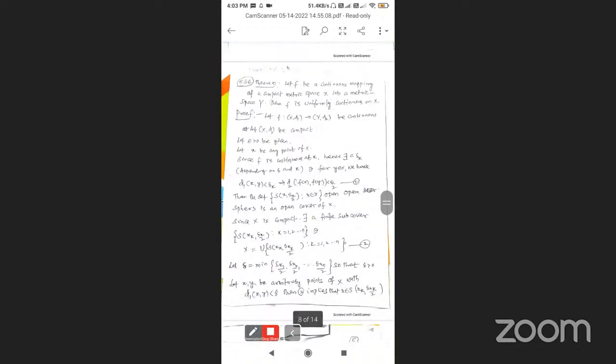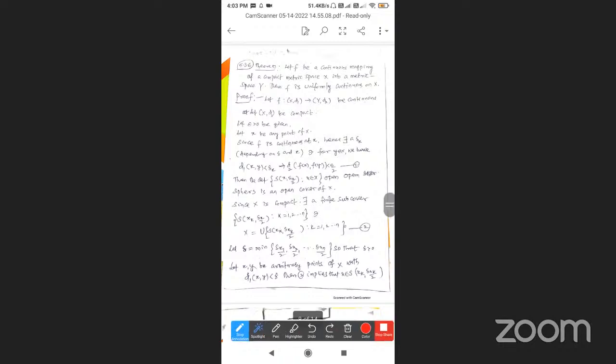Next is the theorem 5.3.6 on page number 54.